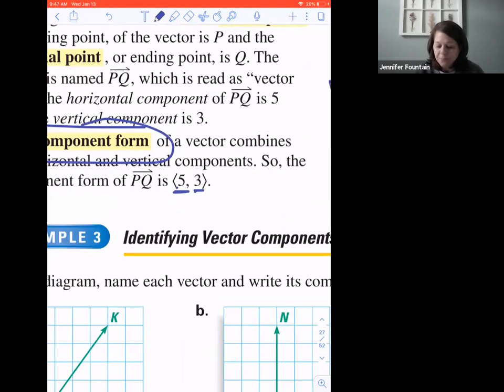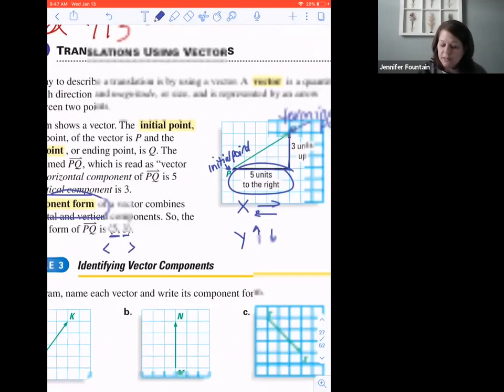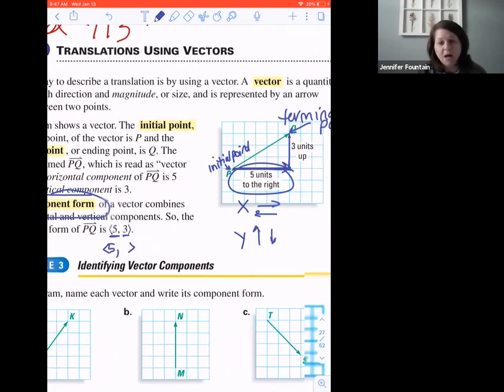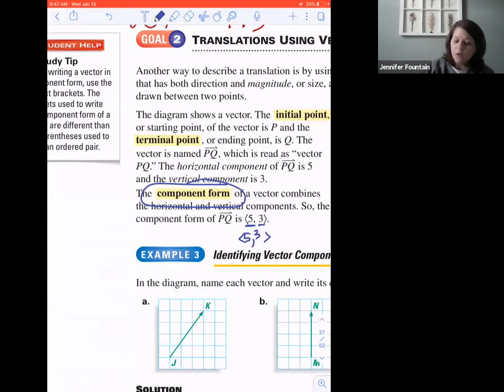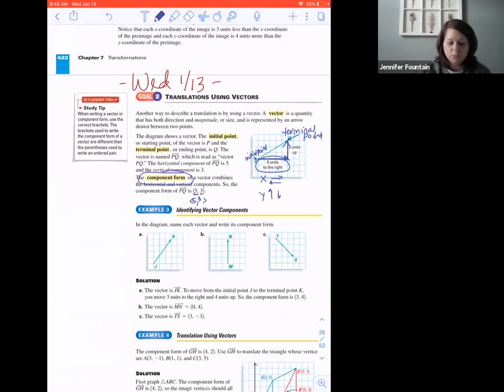And you can see we use these pointy brackets instead of parentheses for my ordered pair, kind of like really wide greater than or less than signs. So because I had to move 5 places to the right, this number is +5. And I had to go 3 units up, that is a +3. So in a sense, with component form, I'm thinking about what I have to do to turn that vector into a right triangle. Okay, let me go back to my notes and we'll fill these in.